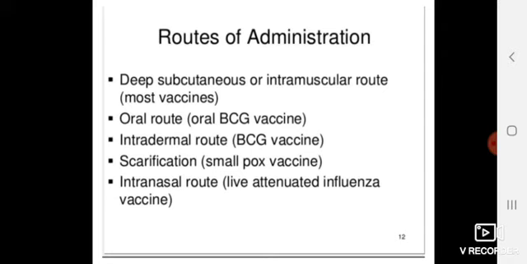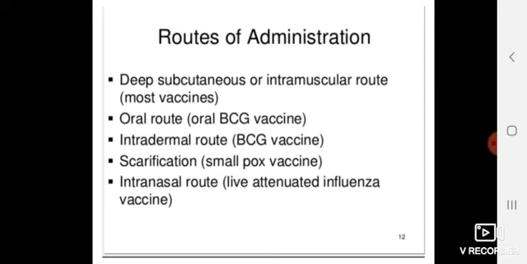Then at 6, 10, 14 weeks pentavalent with vitamin A. Nowadays the government has begun the rota vaccine also, at 6 and 14 weeks, and the polio vaccine also. So at birth BCG, vitamin A and hepatitis.